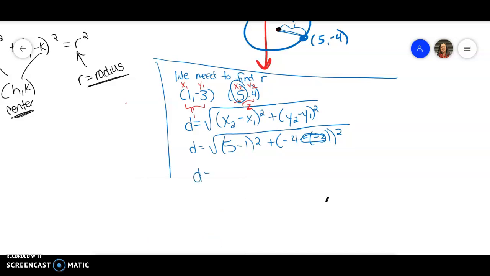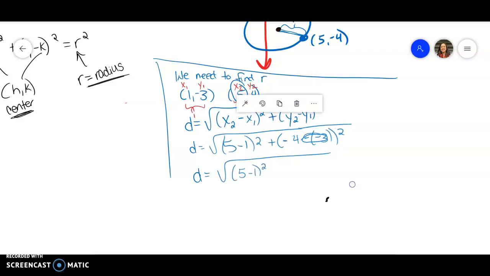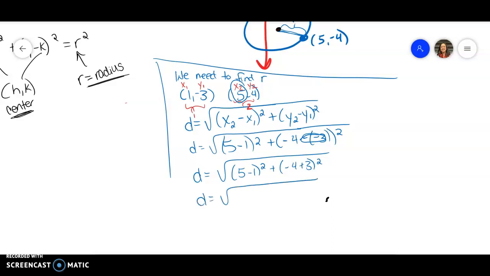So what I really have here is that the distance is equal to, and I'm not going to simplify this just yet, the square root of (5 minus 1) all squared plus (negative 4 plus 3) all squared. And let's simplify that a little bit. 5 minus 1 is 4, right? So that's 4. 4 squared is 16 plus negative 1. Oh, I gave you the answer, right? Negative 4 plus 3 is negative 1. Negative 1 squared is a positive 1. So my distance, guys, is equal to the square root of 17.